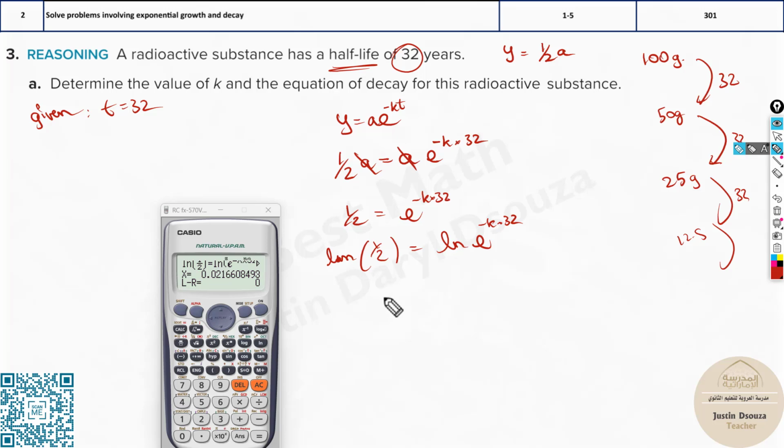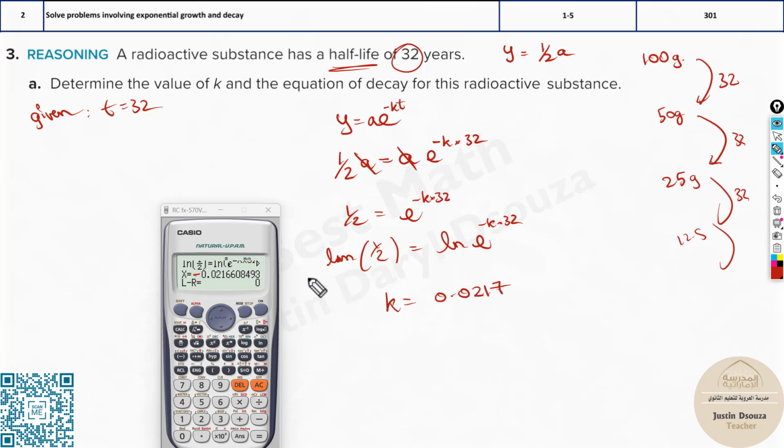So what I'll write over here is, k value is equal to 0.02167. I remember long back one of the students asking me, this is minus k, so is this a minus answer? No, when we solve it in the calculator, the minus sign is already accounted for. Whatever x value we get, whatever answer we get, that's it.